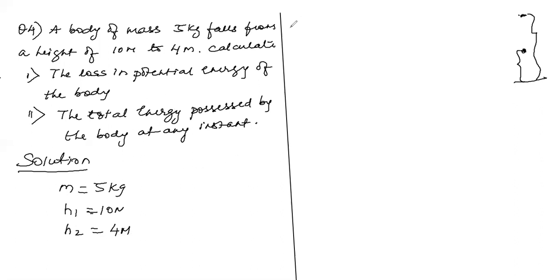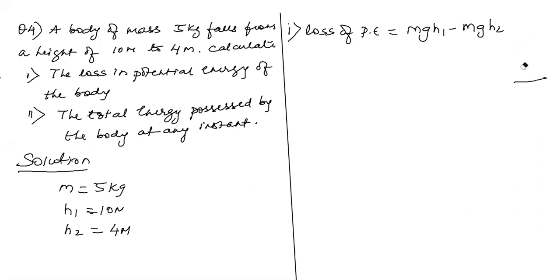So simple, children. The loss of potential energy equals mgh1, the initial potential energy, minus the new potential energy. So what will happen? If I take mg common, inside the bracket h1 minus h2, and now I'm going to put the values.